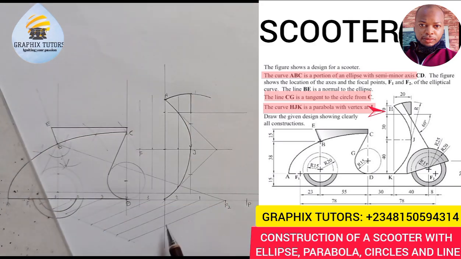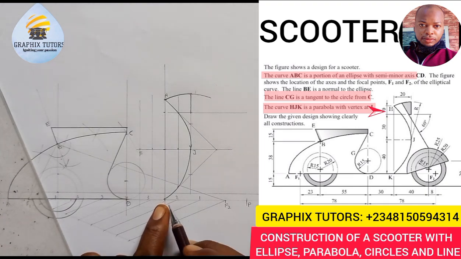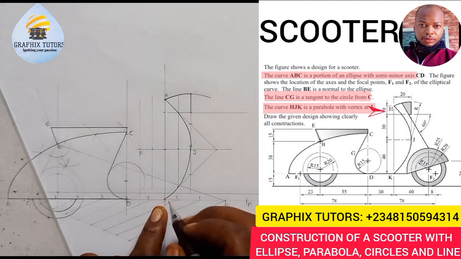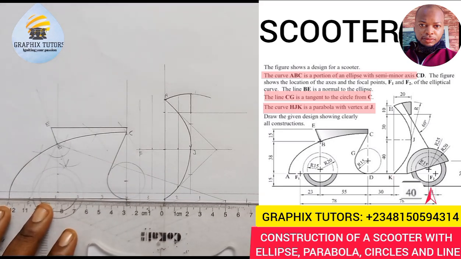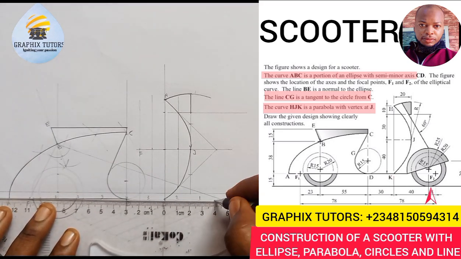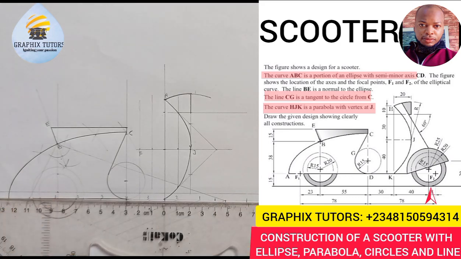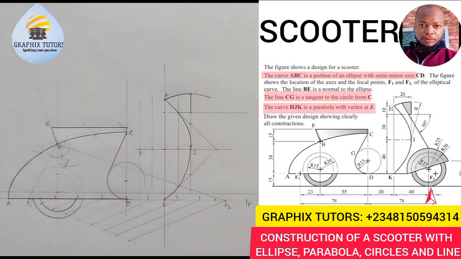And this particular point here, you know this is point K. You measure 40. From 0 to 40 is here. Are we there? So from that point, you take it up.